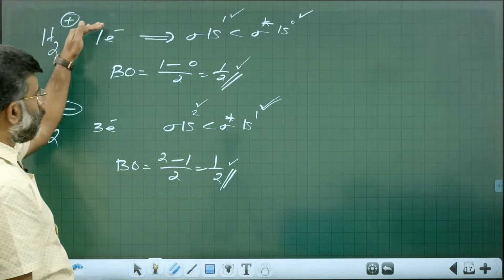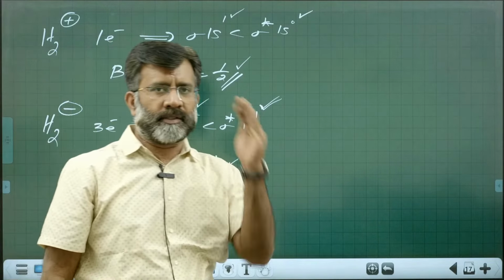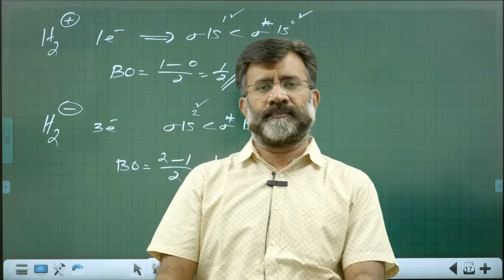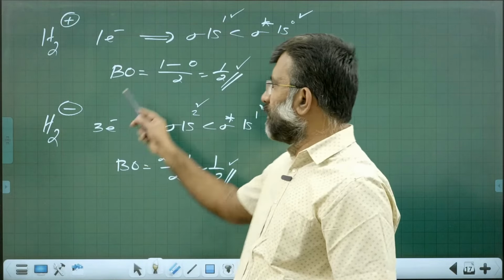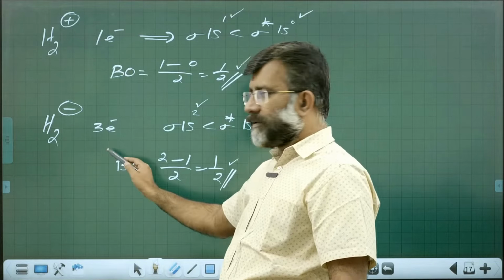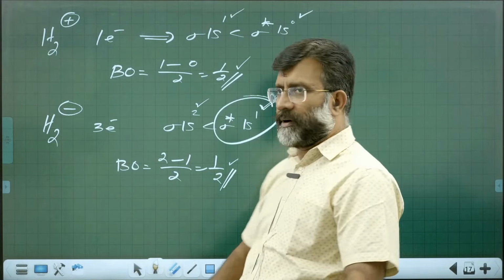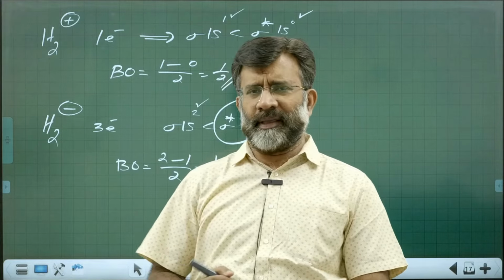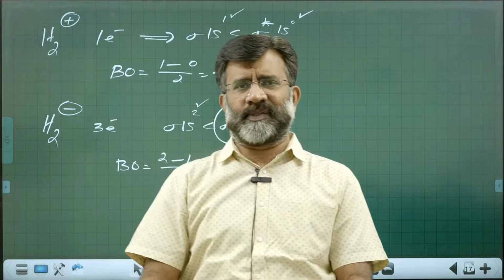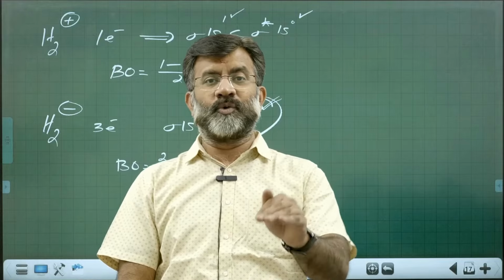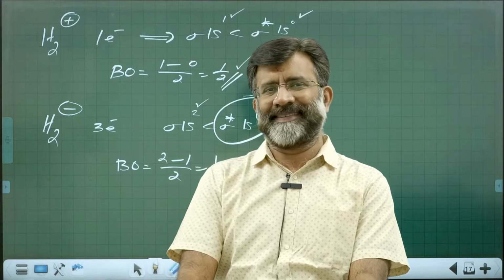So these two are almost the same in stability. Rather, H2 plus will be pretty much more stable than H2 minus, because here one electron is there in the anti-bonding orbital. I'll repeat.